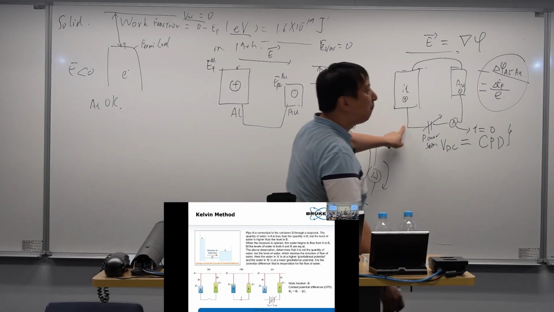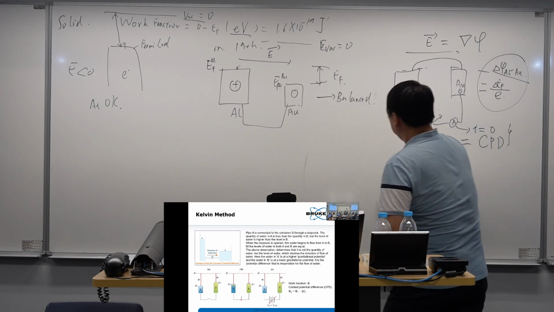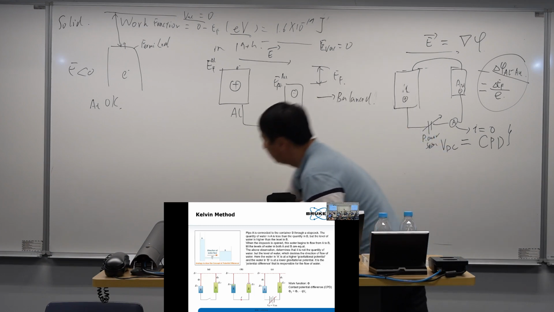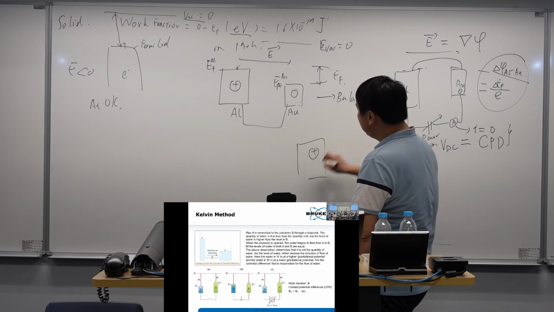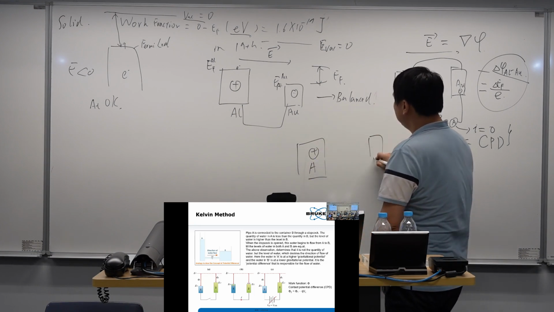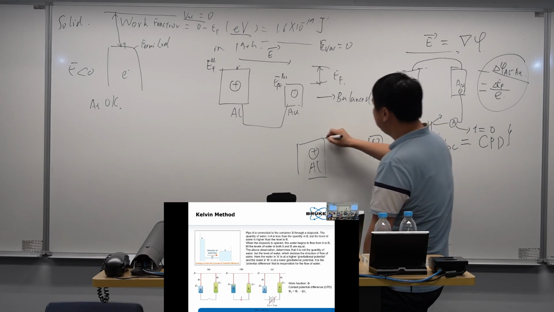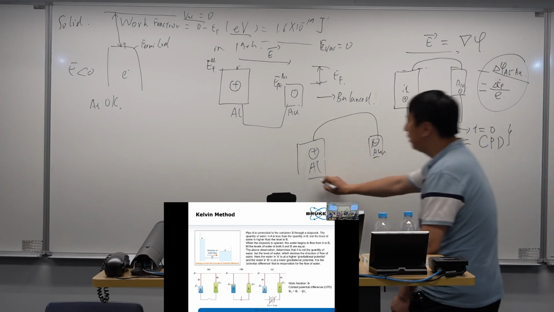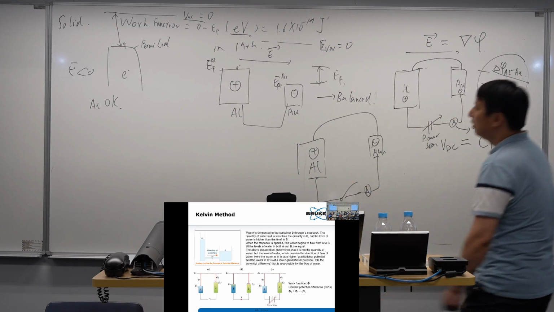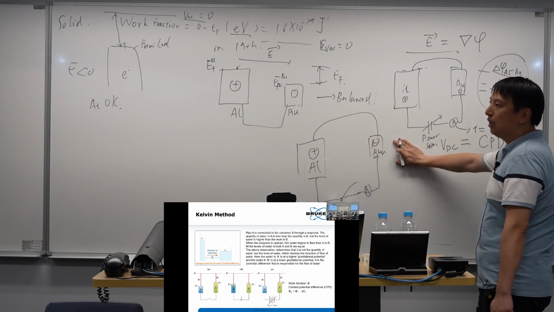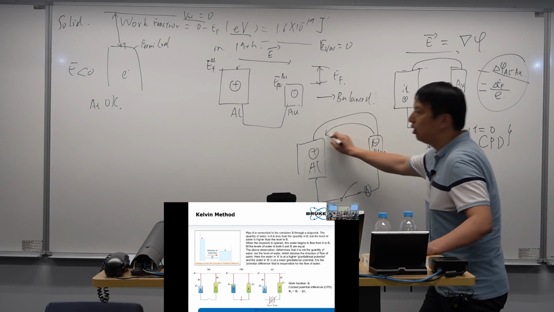It's the same here. For example, if I already have this one positive and this one negative, and then I turn this switch on, this one's potential is higher, so the electrons will go this way.